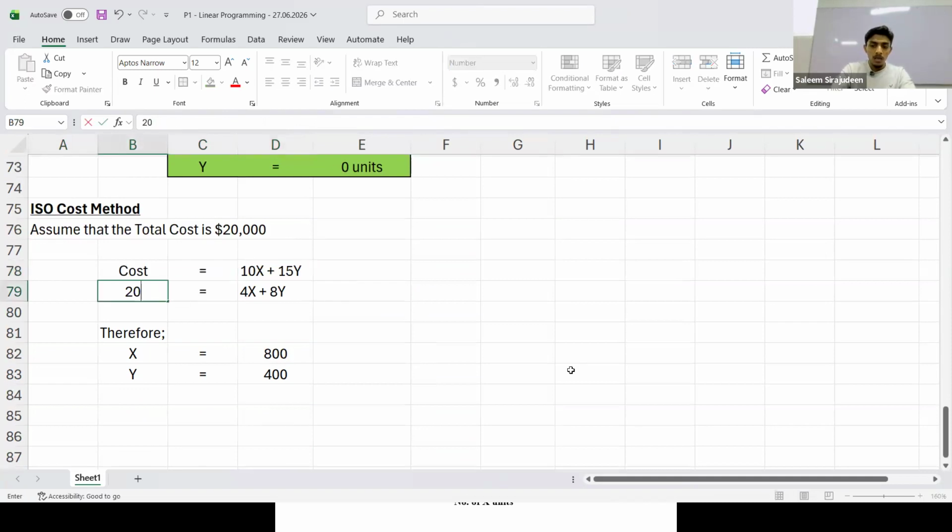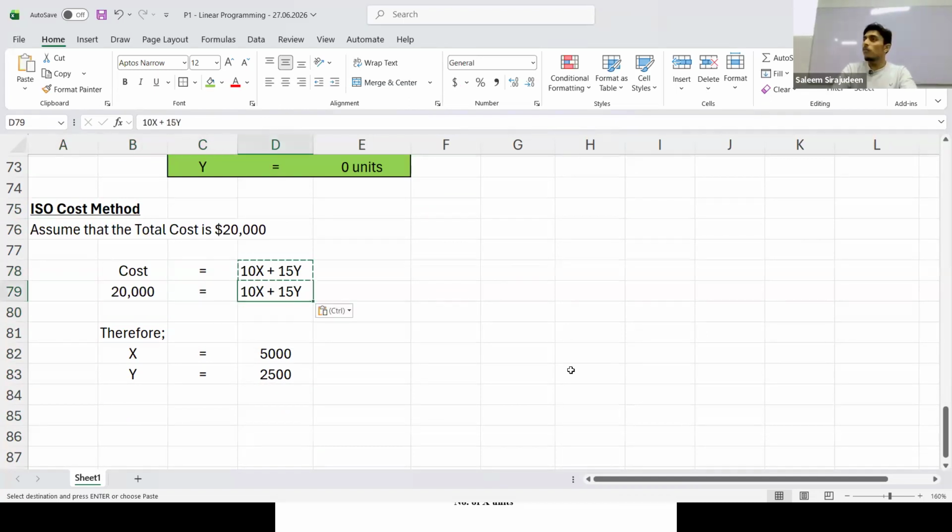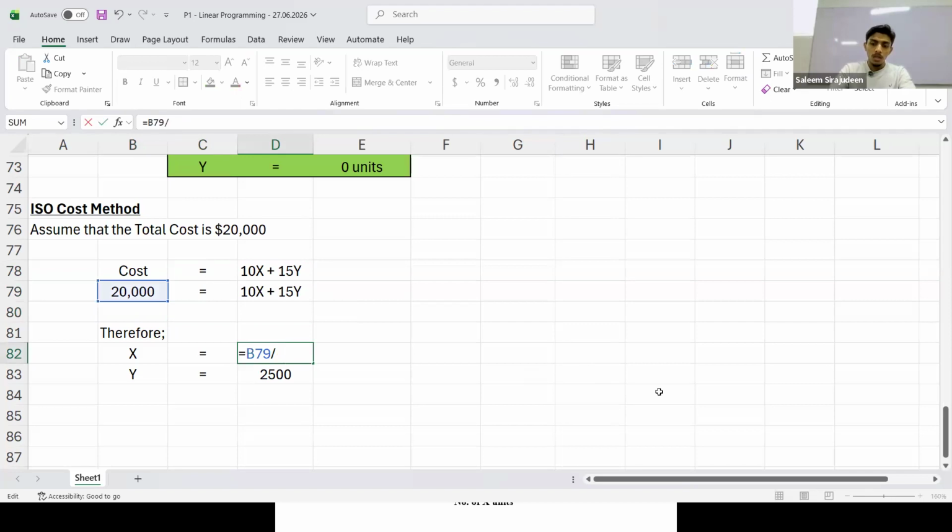So 20,000 equals 10x plus 15y. Yes or no? If you are producing only x, how many units will you produce? That is 2000. If you are producing only y, how many units will you produce? That is 1333.